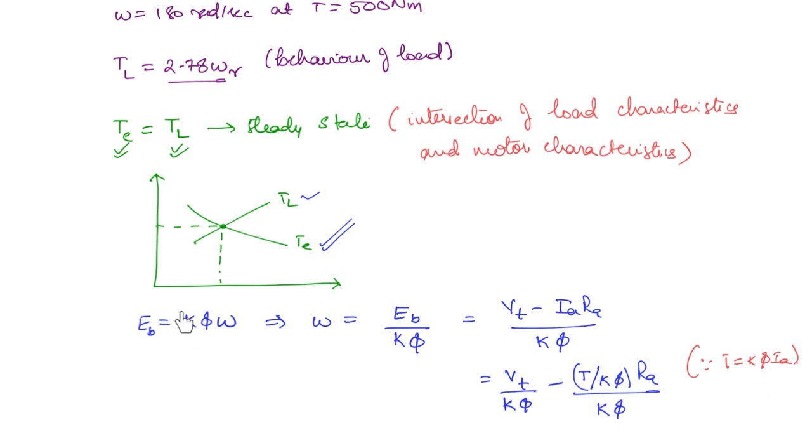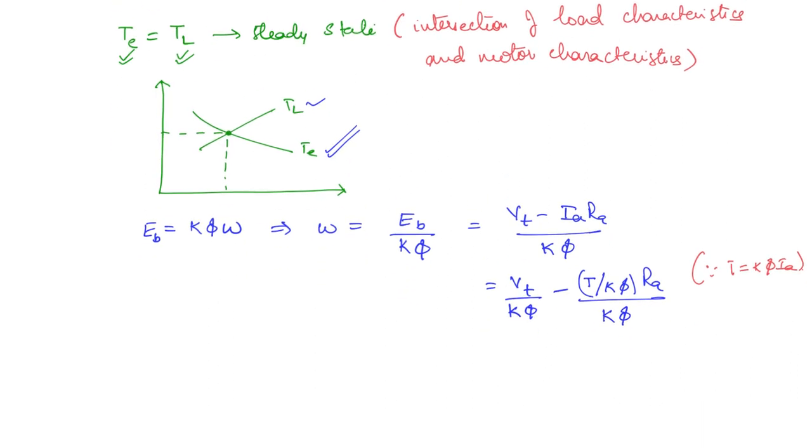Remember this constant that you have here, both these constants are equal given that this omega is in radian per second. Okay. So you have the expression for electromagnetic torque here. Therefore omega is equal to V_t by K phi minus T by (K phi) whole square into R_a.